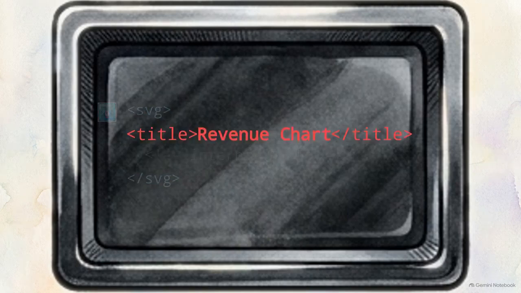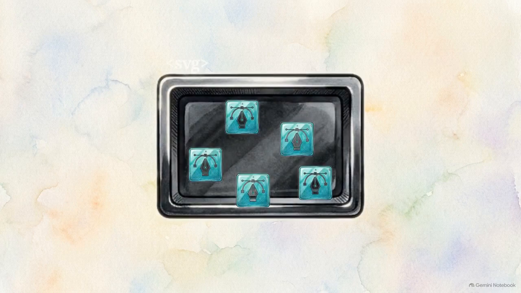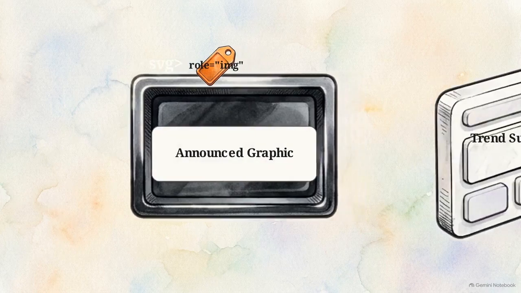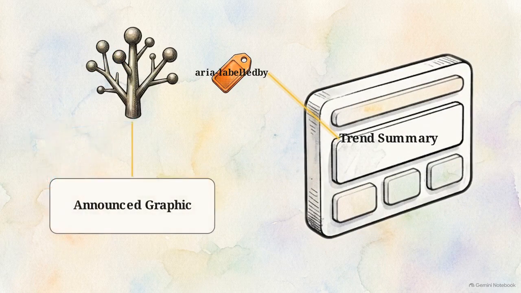On the visual side, a bare SVG tag using an internal title element is a fragile pattern. Modern browsers often fail to expose these titles to assistive technology. Developers should instead use the role img attribute to treat the entire SVG structure as a single graphic. Wiring the aria-labelledby attribute to the trend summary collapses the SVG's internal shapes.